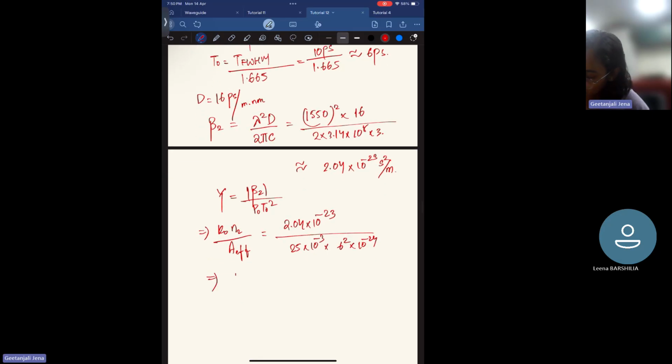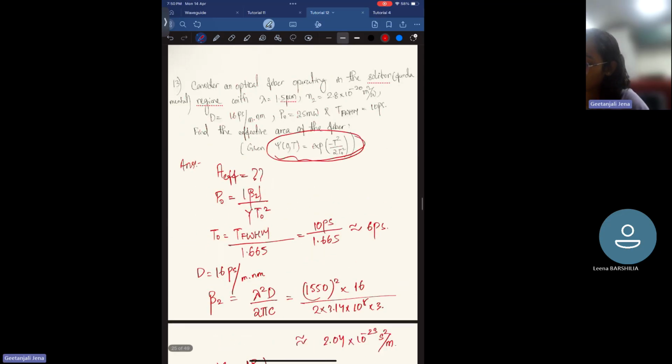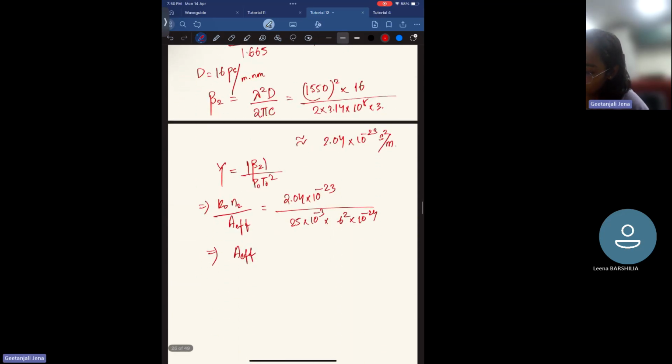And n2 is also given in the question. So if you just put in the values, this will come around 5.17 minus 15. I'm just writing the final value.